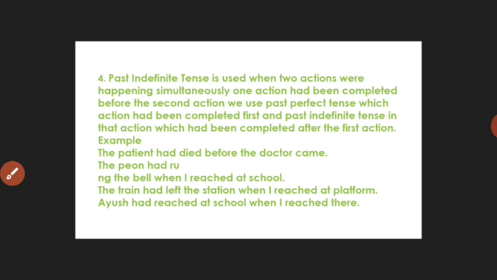Fourth, past indefinite tense is used when two actions were happening simultaneously and one action had been completed before the second action. We use past perfect tense for the action which had been completed first, and past indefinite tense for the action which had been completed after the first action. Yes, students, you can say this is the second part of that same situation when two actions of the past were happening.